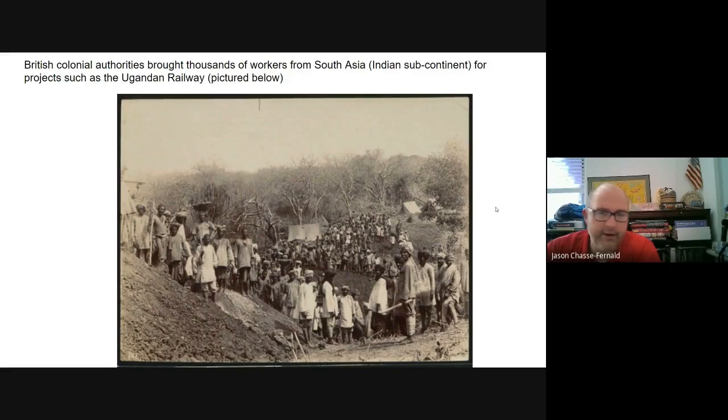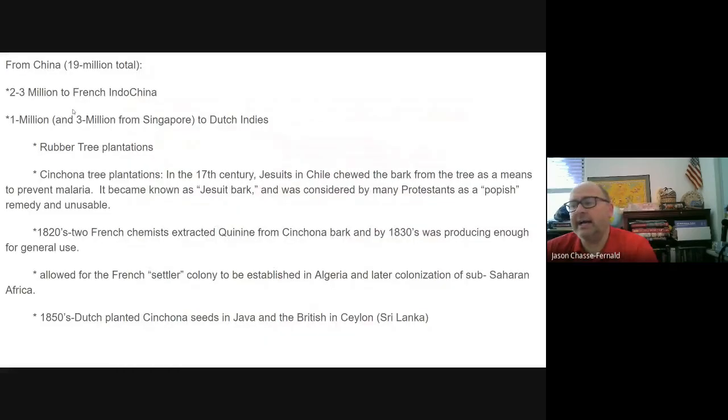From China, for the Kangani system, about 2 to 3 million will migrate to French Indochina, modern-day Vietnam, Cambodia, and Laos, largely to work on rice fields, but also later on rubber tree plantations there.